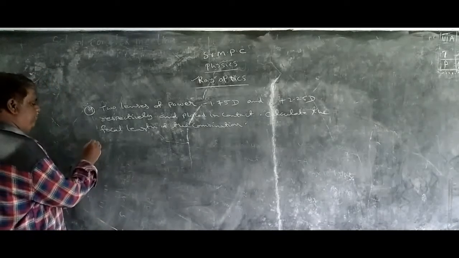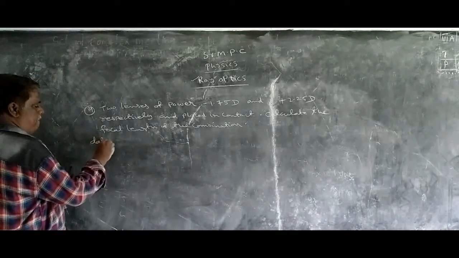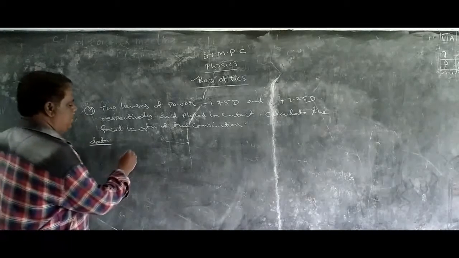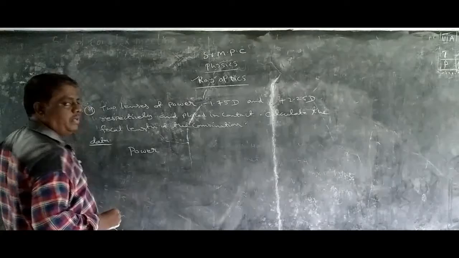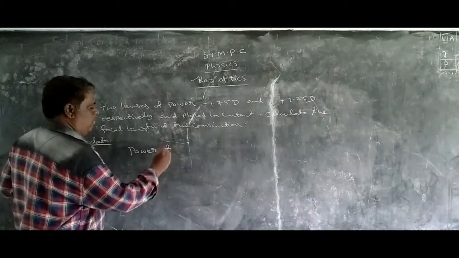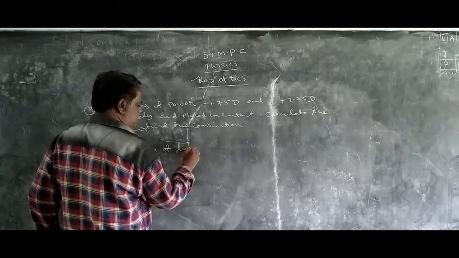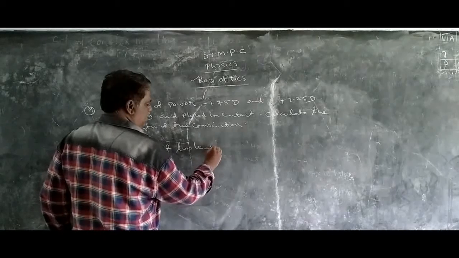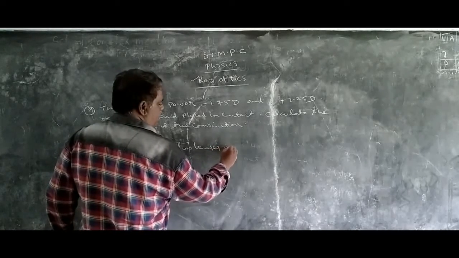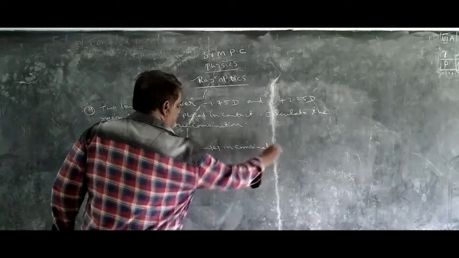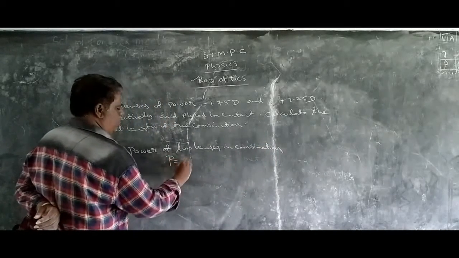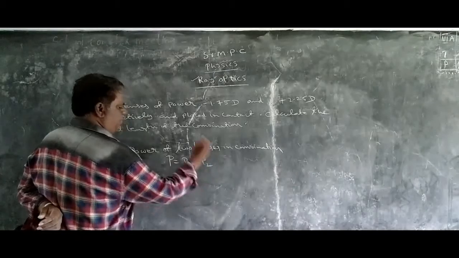Two lenses are in contact, so the power of the two lenses in combination, P is equal to P1 plus P2.